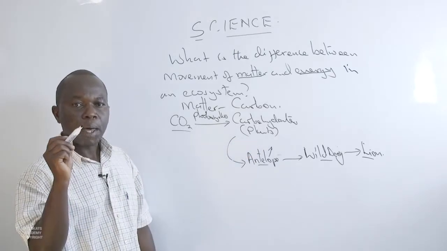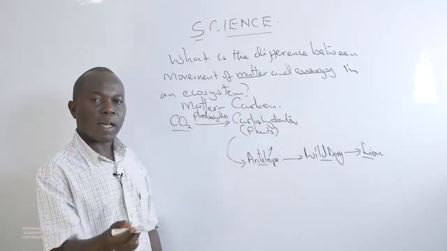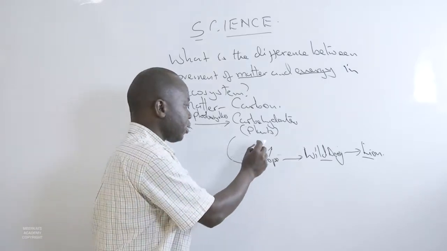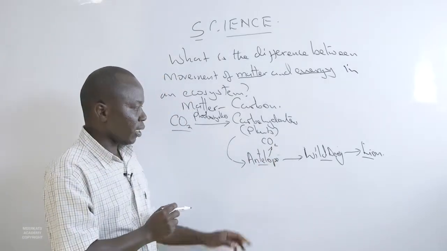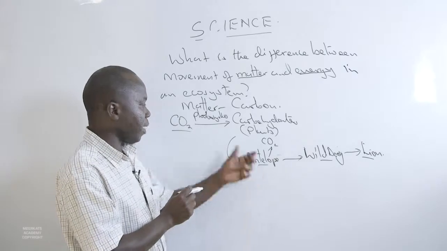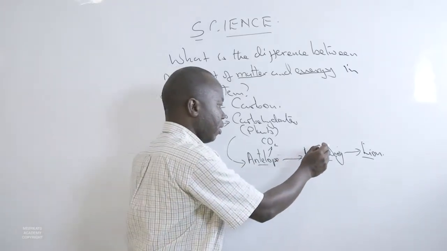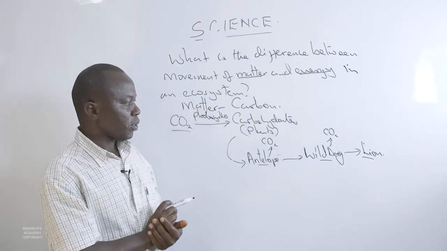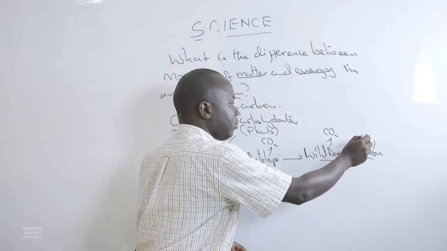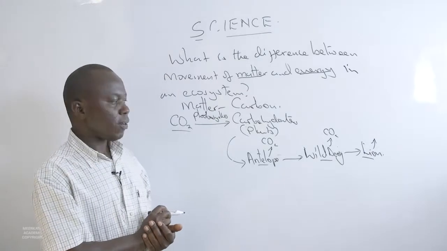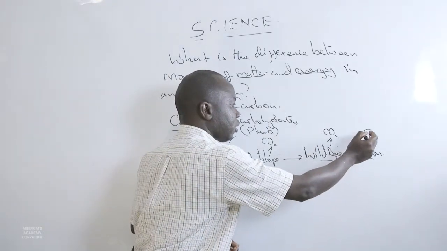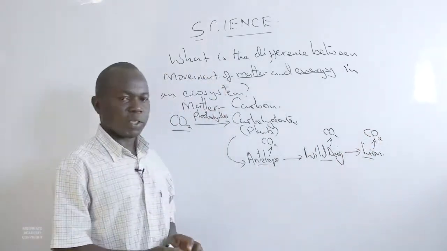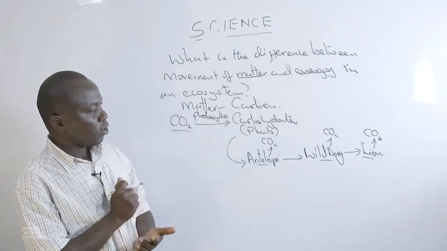One of the products of both anaerobic and aerobic respiration is carbon dioxide, and it is going to be released back to the atmosphere. When the wild dog dies, it is decomposed, releasing carbon dioxide. The same to the lion. When the lion dies, it is decomposed to release carbon dioxide.